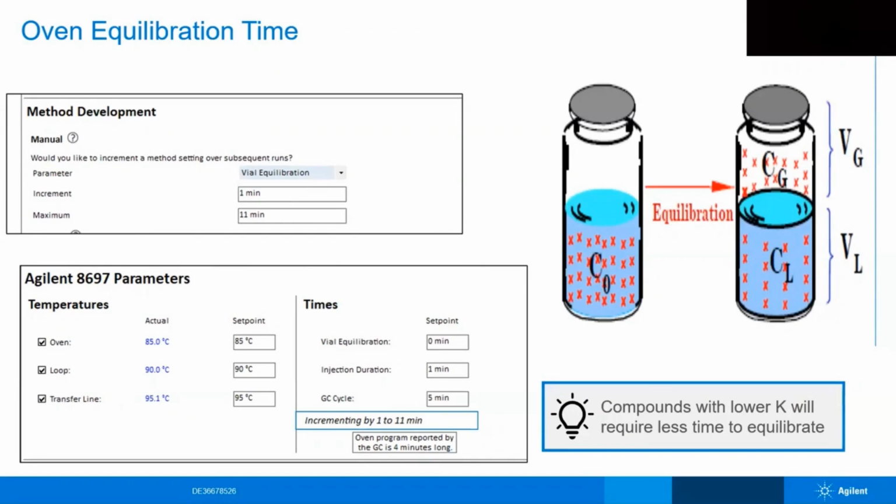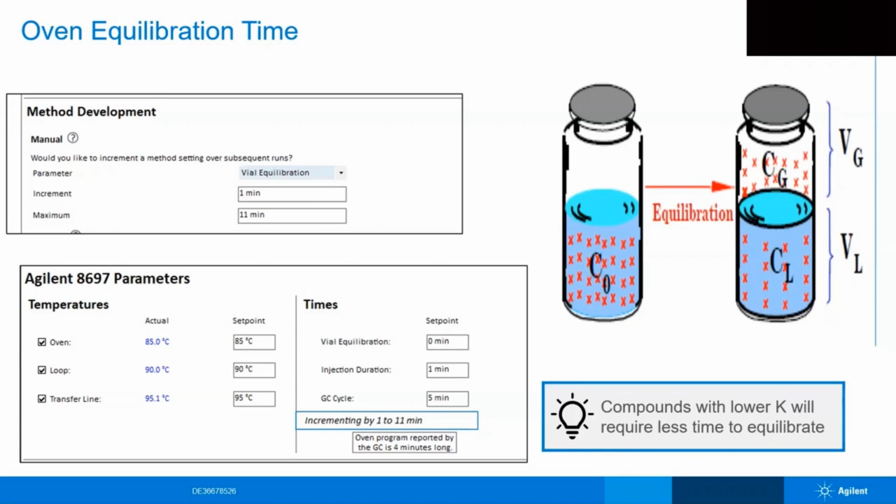So now that we have established our optimum oven temperatures, so we can see the temperatures here are set at 85, 90, and 95 degrees. Now we want to see how long do we really have to keep our Headspace vial in the Headspace oven before we can do our injection. And so at this point, we're going to increment by 1 minute.